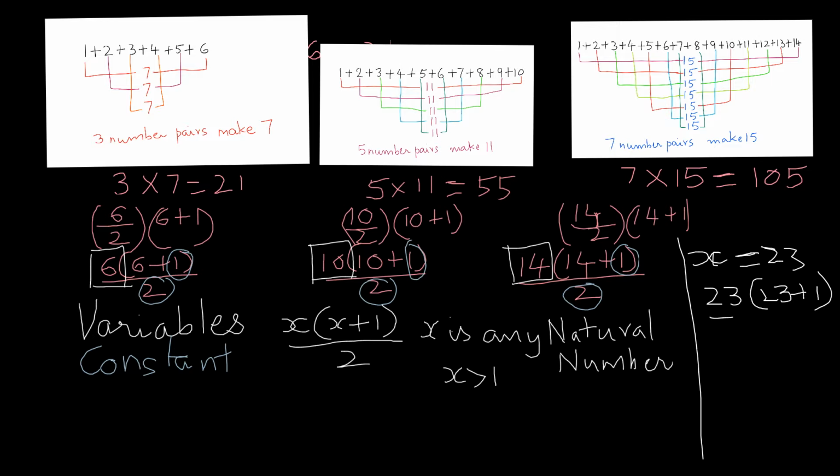I work within the brackets first, multiplied by 24 divided by 2. Now you know this simplification. 2 goes into 2 once and 2 goes into 24 12 times. So I come with an expression which will be 276. 276 will be the sum of consecutive natural numbers from 1 to 23.